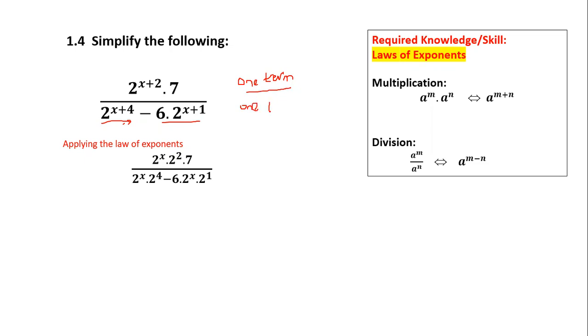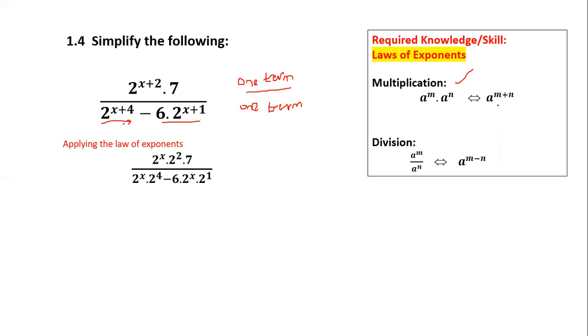Let's simplify this. And what do we do? We factorize. These are exponents, 2 to the power x plus 2. So we use our laws of exponents to factorize this. And over here, we have our law of exponents that says when you multiply exponents and the bases are the same, you add the exponents.